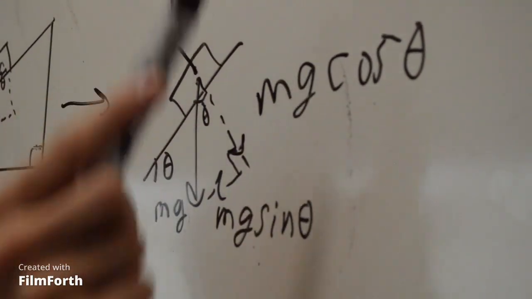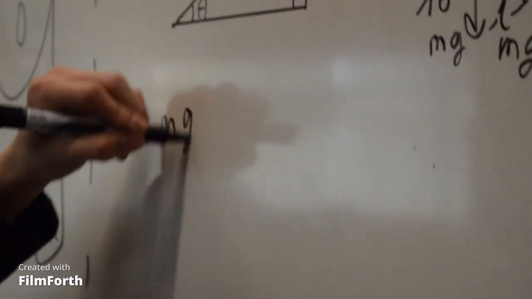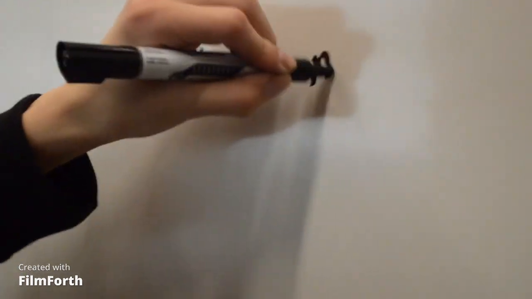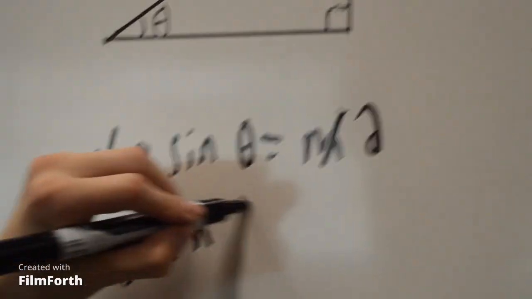So we don't need to worry about that. Now we just have mg sine theta. That's the only force acting on it. Therefore, mg sine theta is the net force. So we can say mg sine theta equals ma. Now, notice how the masses cancel out? So therefore, the acceleration on a ramp, assuming friction is negligible, will be g sine theta equals a.